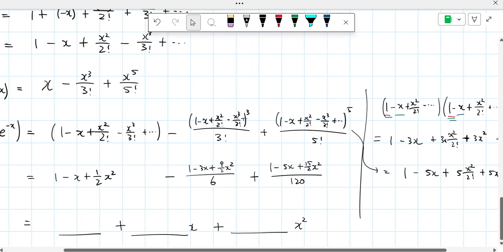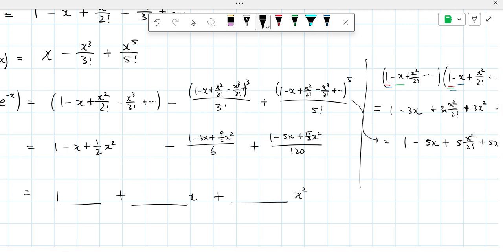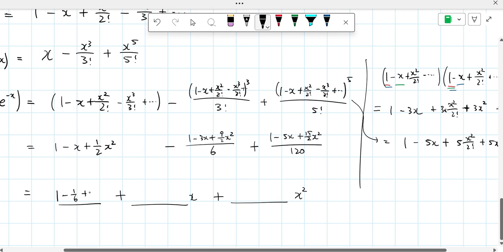And I think the answer must be, if I did the correct thing. I'm quite dubious about this one. But if I did the correct work, my approximation must be 1. So in the first term, I'm just going to take the ones digits. 1 minus 1 over 6 plus 1 over 120. You see what I'm doing? I'm just taking the ones. That is not a multiple of x.